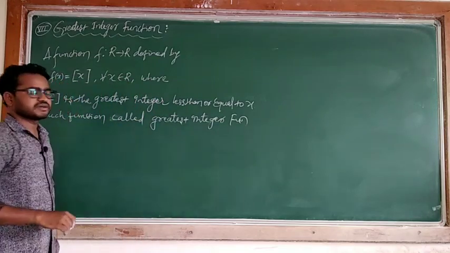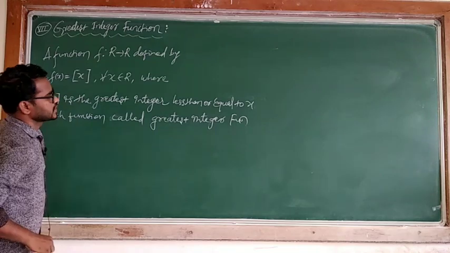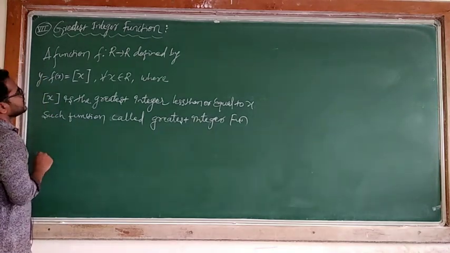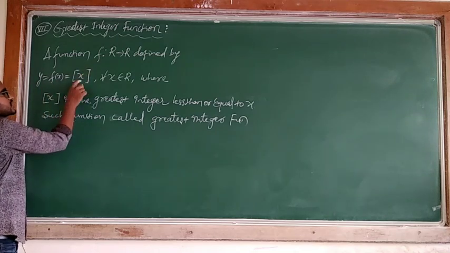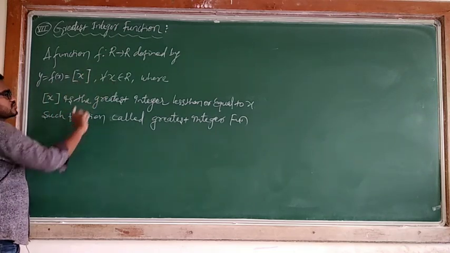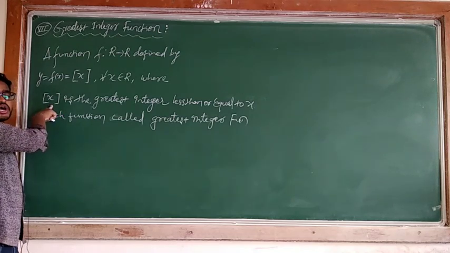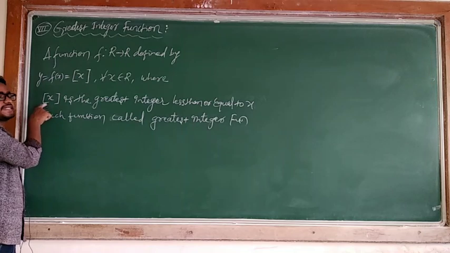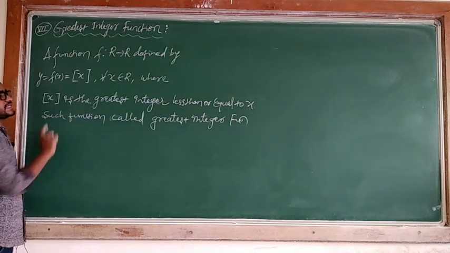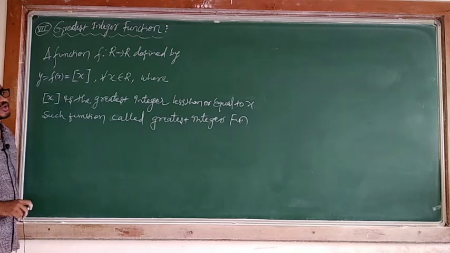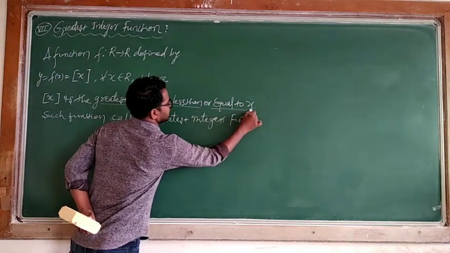So a function f from real numbers to real numbers defined by f of x is equal to the greatest integer of x, where x belongs to real numbers. This square bracket is the greatest integer function. It is the greatest integer less than or equal to x.